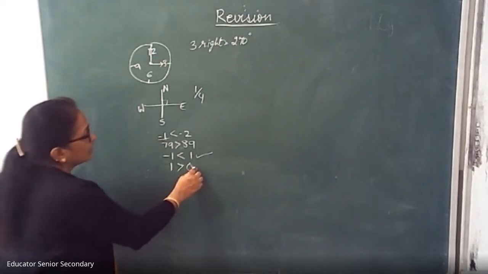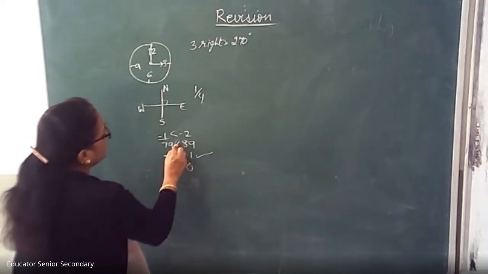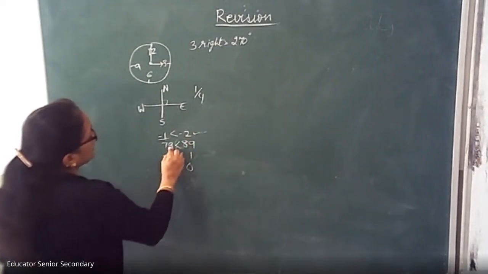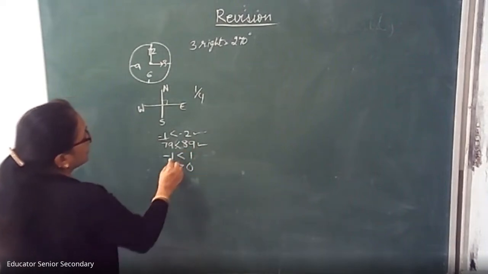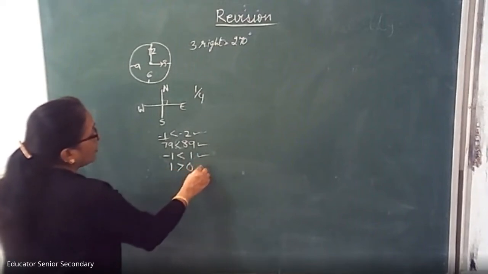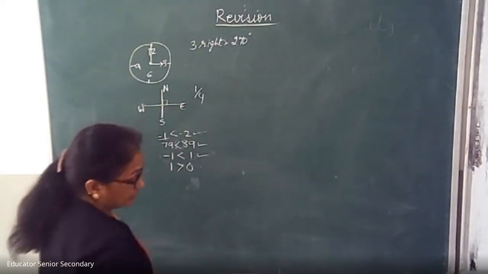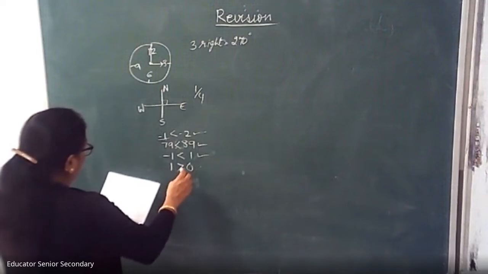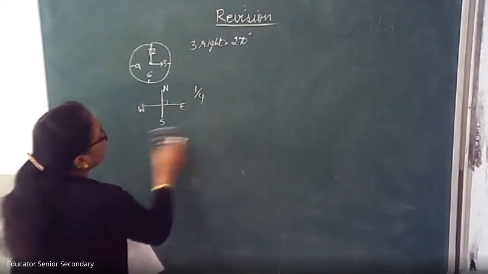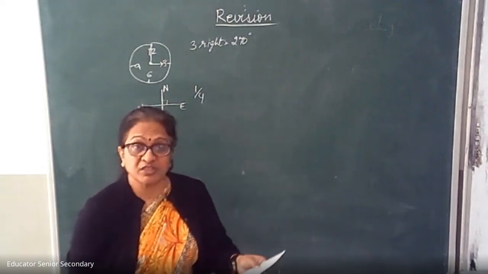Now the question is, which of the following is false? So of the given four options, minus 1 smaller than minus 2 is false.